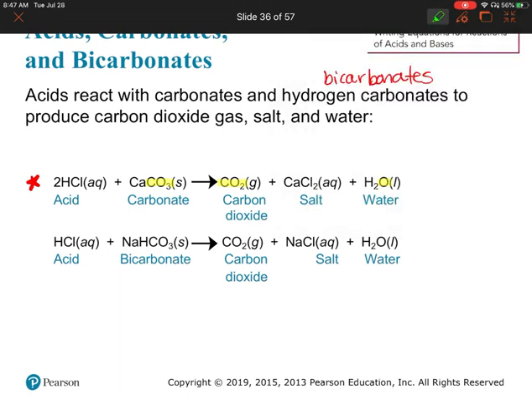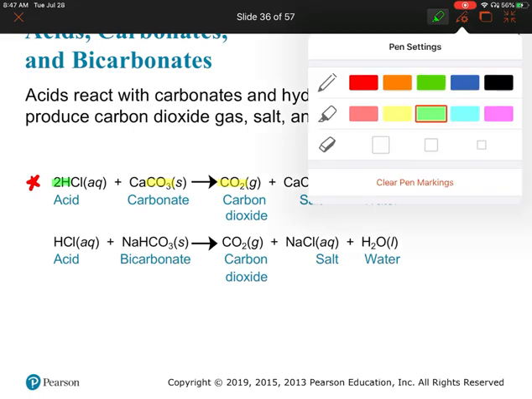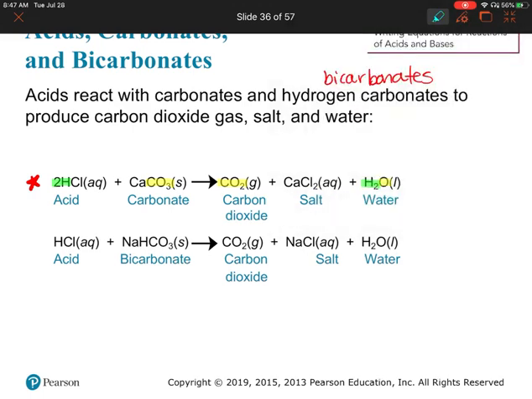And then from HCl, or the two HCl's there, that will give us the hydrogens in water. And then everything that's left over, so the chlorine and the calcium, will give us our salt.